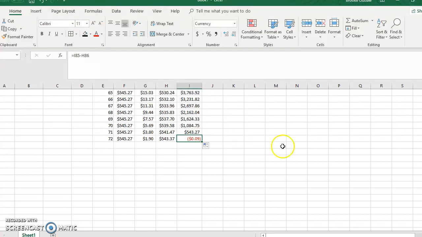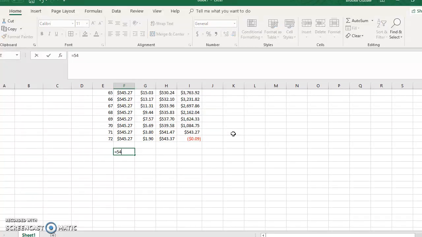That makes sense because this 545.27 was a rounded version of the actual number. So it makes sense this isn't going to be perfect. To account for that, for your last payment, you can just pay 9 cents less. I'm going to do that off to the side. So instead of 545.27, Rico gets to pay 9 cents less than that.